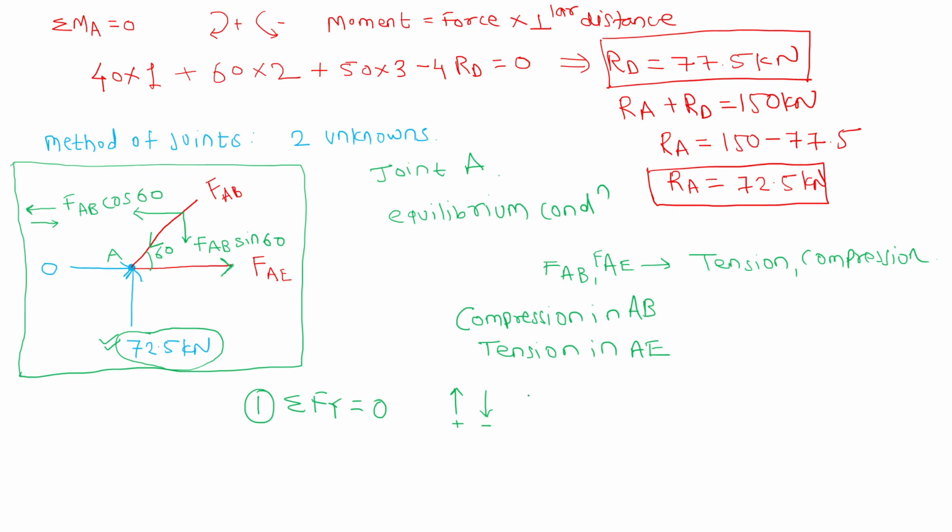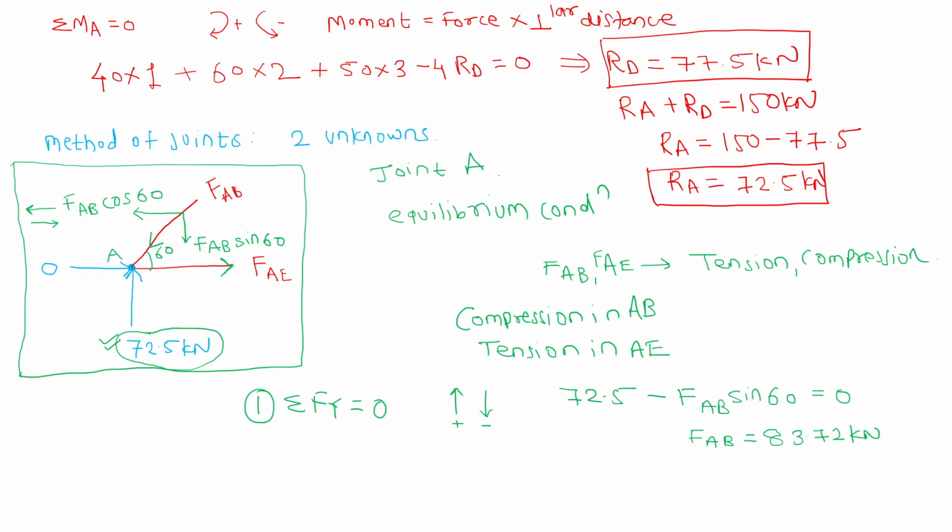So upward is 72.5 and downward is minus FAB sine 60. There is no other force, equal to 0. So FAB is equal to 72.5 divided by sine 60. So it is 83.72.